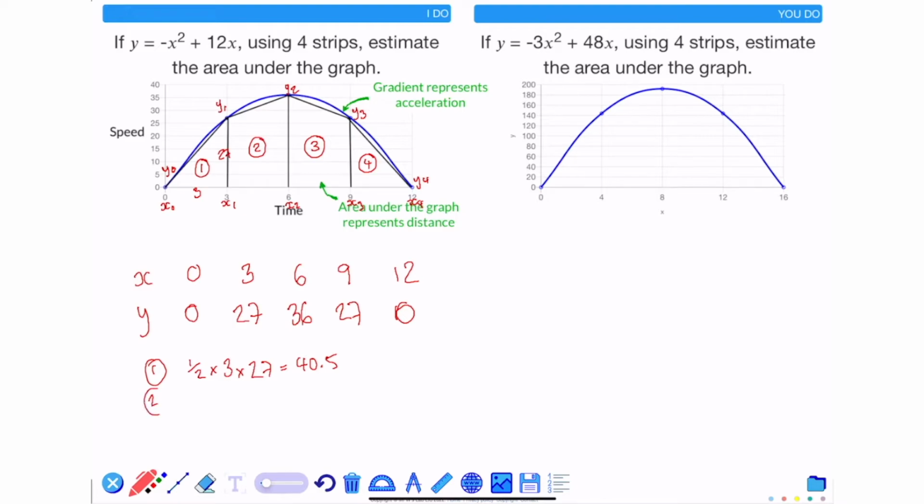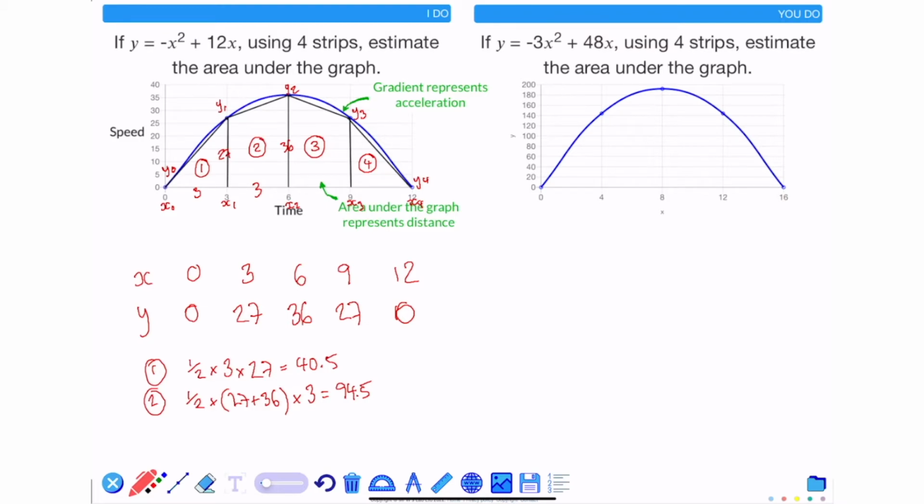For shape 2, it's a trapezium, and I can see it has 2 parallel lines that are of length 27 and 36, and the height of the trapezium is now 3. So to calculate its area, do a half of a plus b, so 27, add 36, and times it by its height, 3. This gives me 94.5.